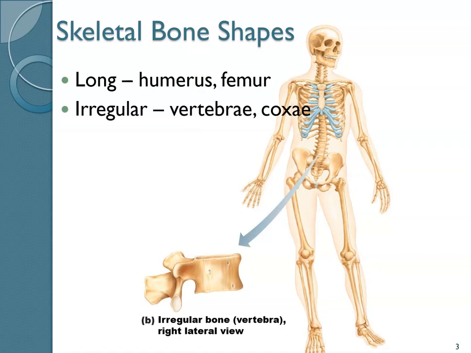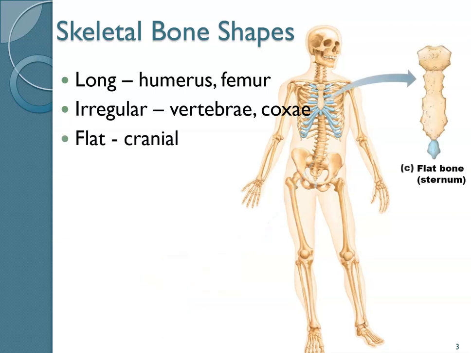As the name suggests, the bone is very irregularly shaped. Two good examples are vertebrae and os coxae, the pelvic bone. Next are our flat bones. Our cranial bones as well as our sternum are both classified as flat.